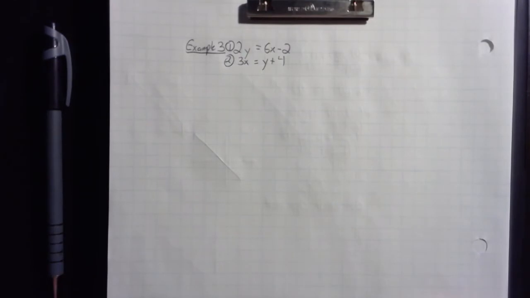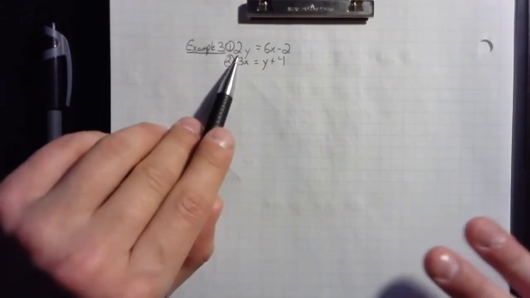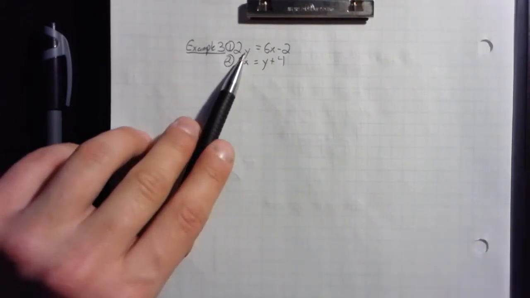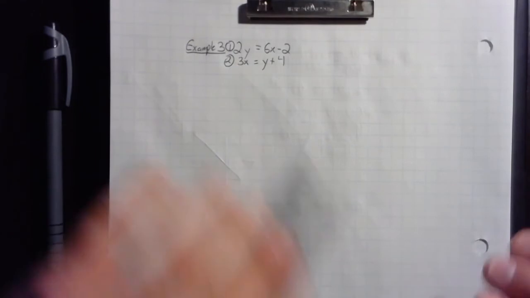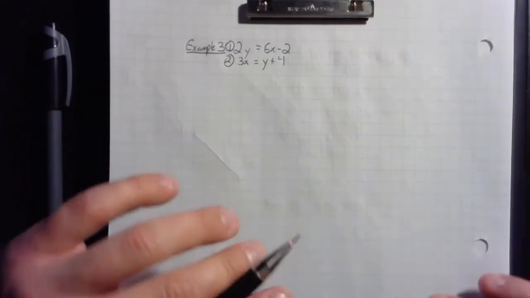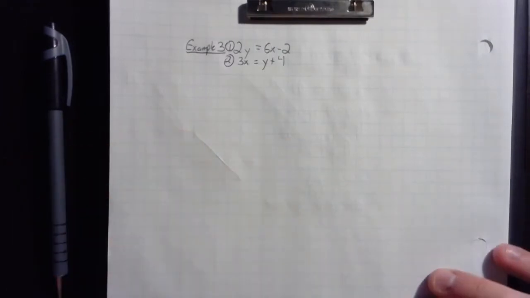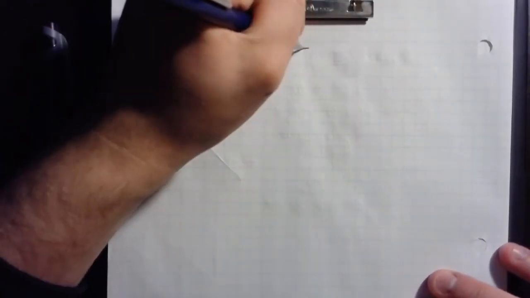Okay, so let's look at these two equations here. Neither of these equations are in the form of y equals something or x equals something. So we can manipulate one of them into becoming that form by doing a one-step process. Well, let's look at equation 1.